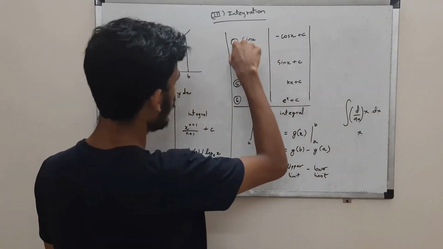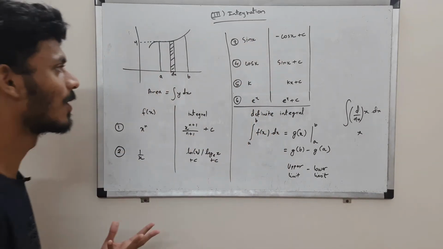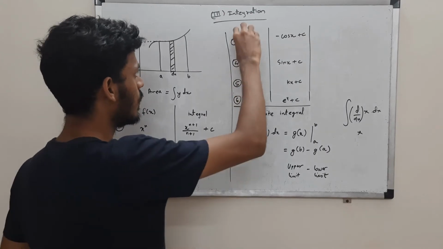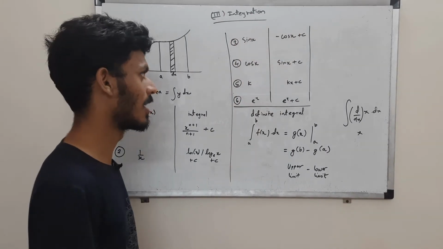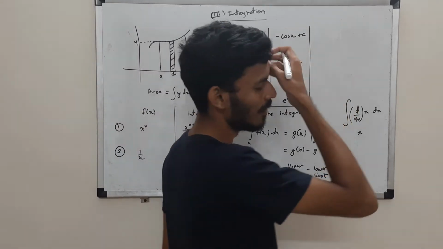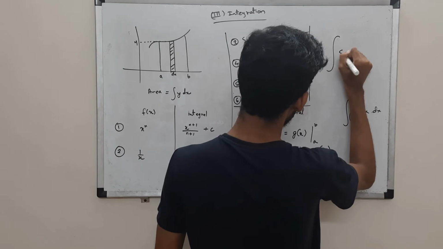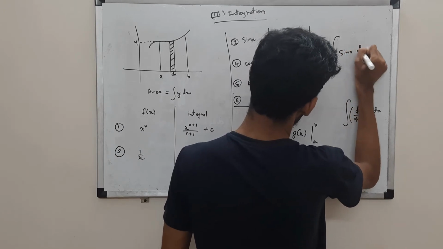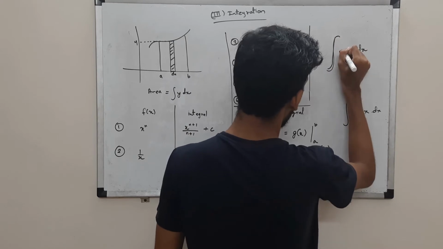Now the integration of sin x is minus cos x. Now here is where the confusion starts. My teacher used to give us methods to remember this, and I still remember it. So sin of x dx, integration is written like this. She used to say this is a snake and this is a snake.